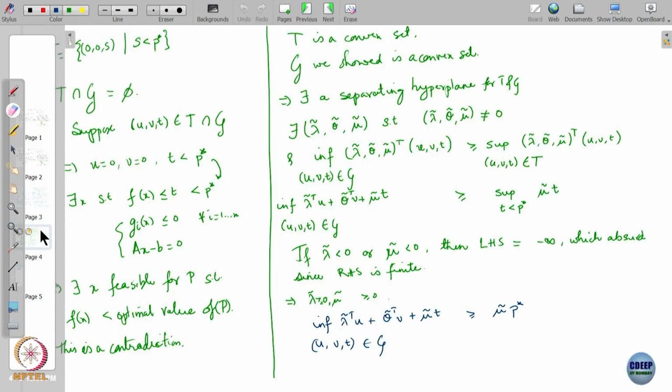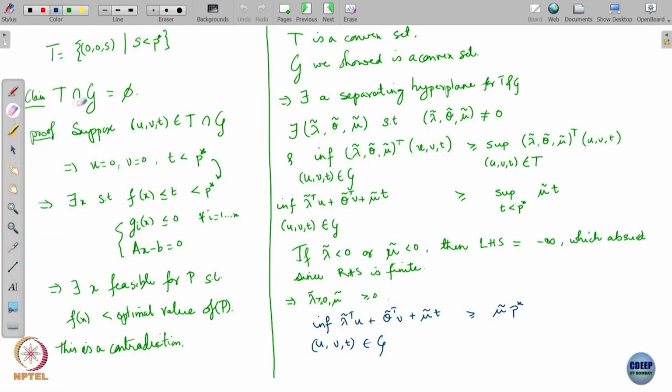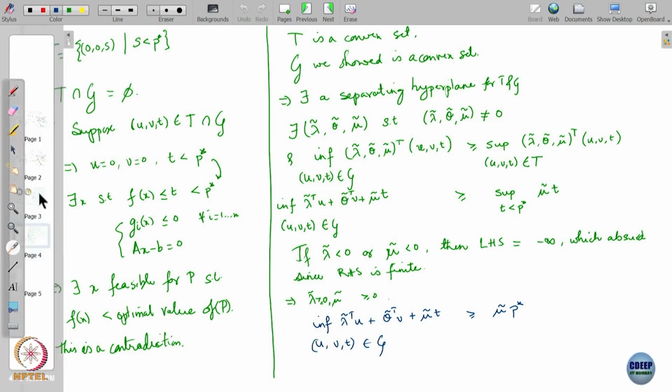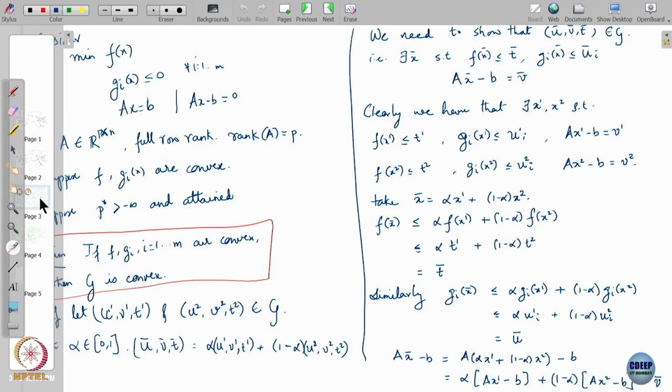more. So what we have done is we have said that T and G are convex sets, and we applied the separating hyperplane theorem, and that has got us to this particular inequality here. So far, what have we assumed about the optimization problem?